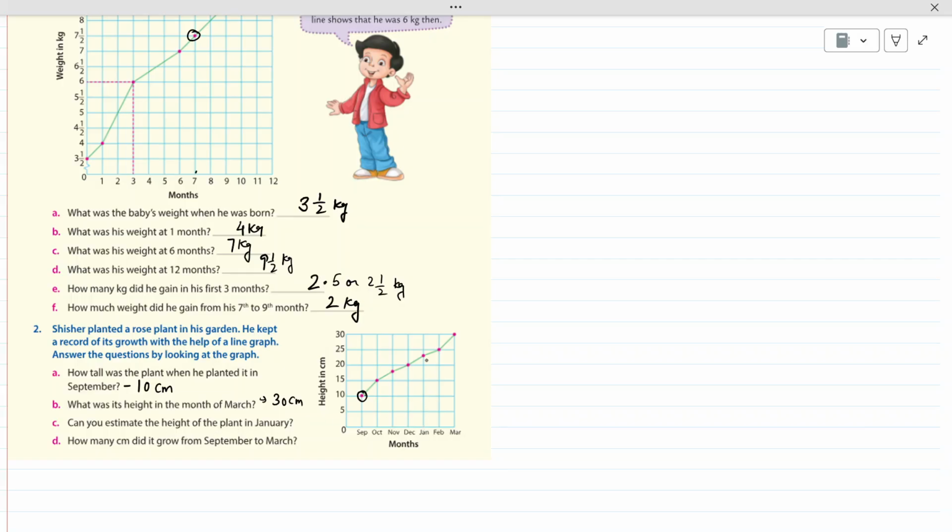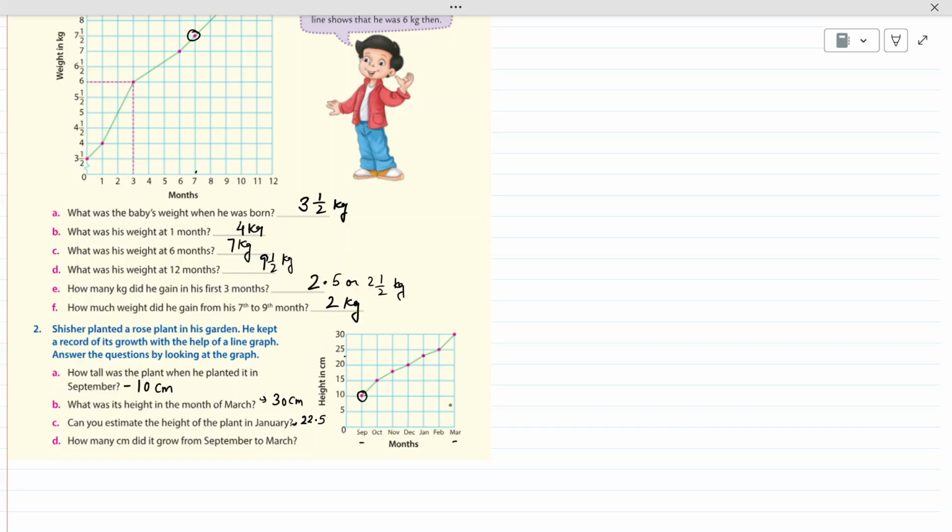Next, can you estimate the height of the plant in January? January is here. This dot is somewhere between 20 and 25, which is the mid of 20 and 25. So I'm taking this as 23, or you can say 22.5. Correct? Next, how many centimeters did it grow from September to March?